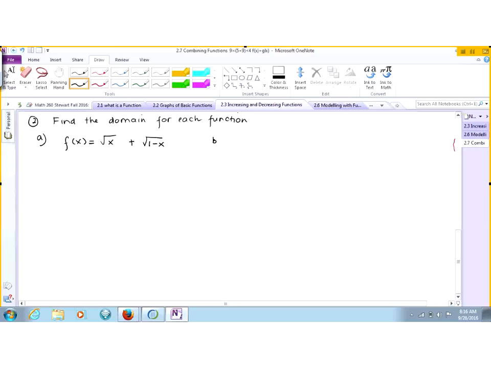B: h of x is equal to square root of x plus 3 over x minus 1. So tell me what is A and what is B.